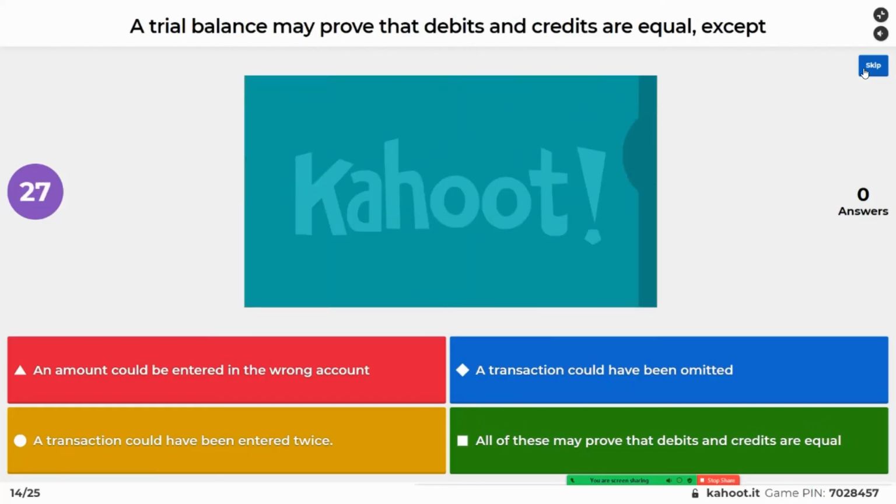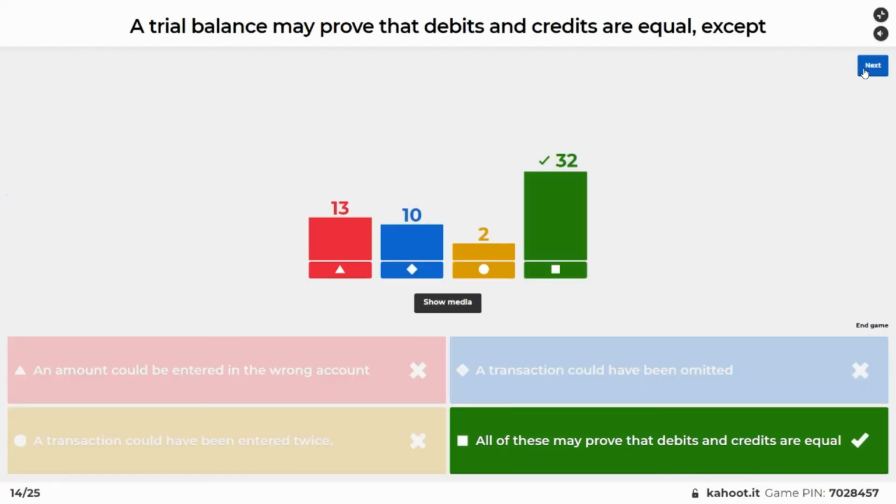A trial balance may prove that debits and credits are equal except... Okay, so all of this may prove that debits and credits are equal.